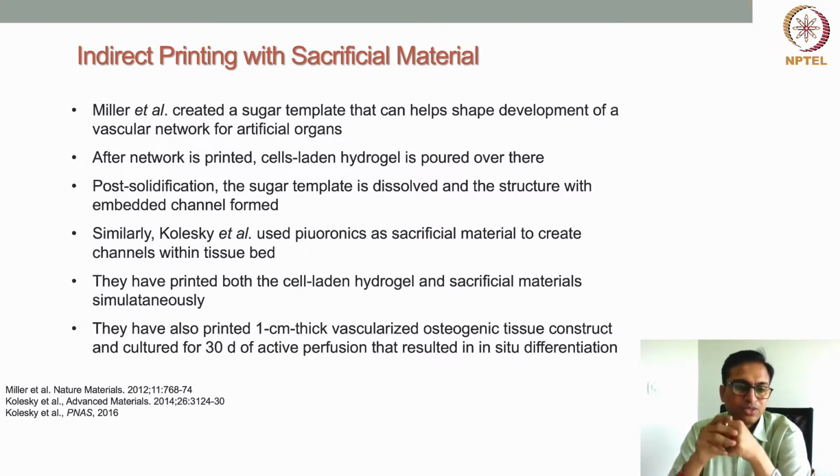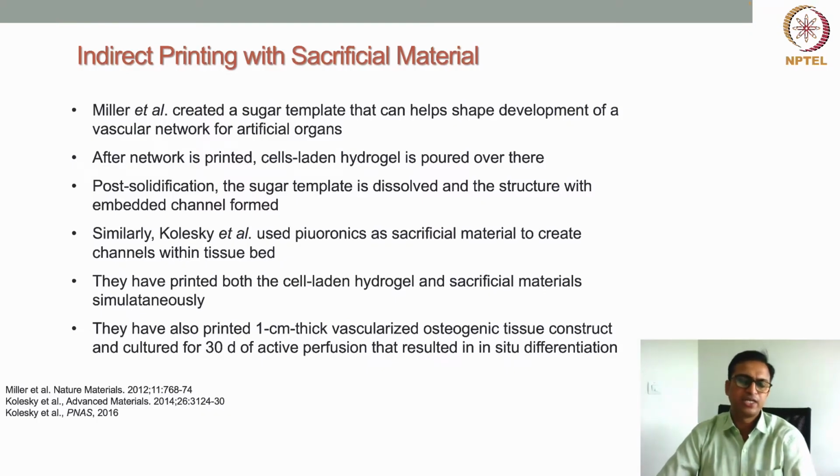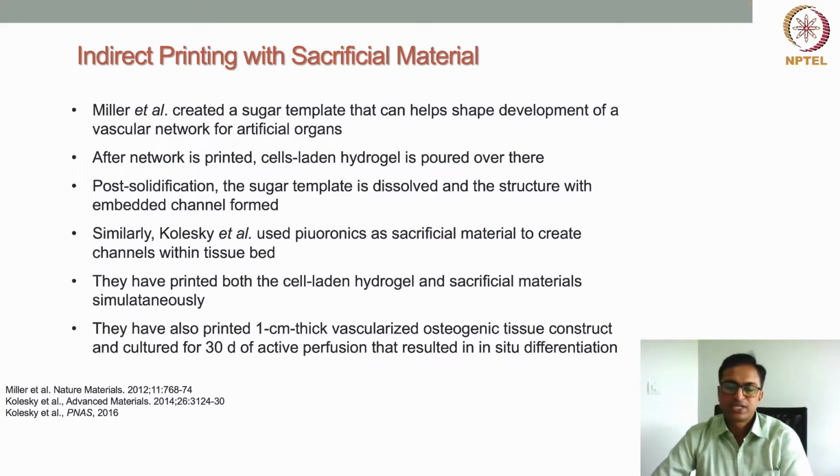This first work, that is Miller et al., they have developed a sacrificial material based on sugar. You know that sugar can be extruded, and freestanding strands can be printed. So in that particular work, they used sugar as a sacrificial material for printing network-like structures.